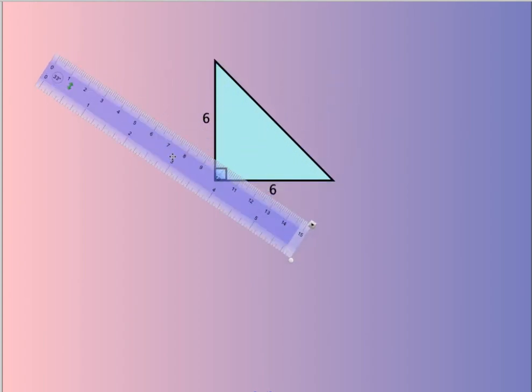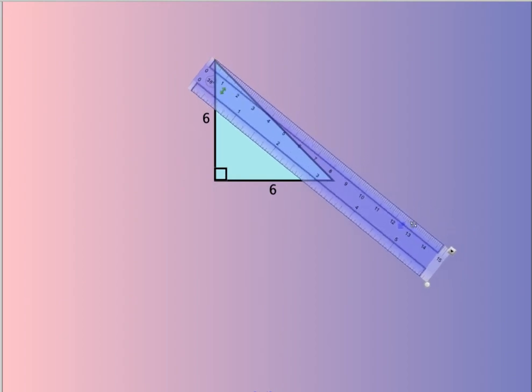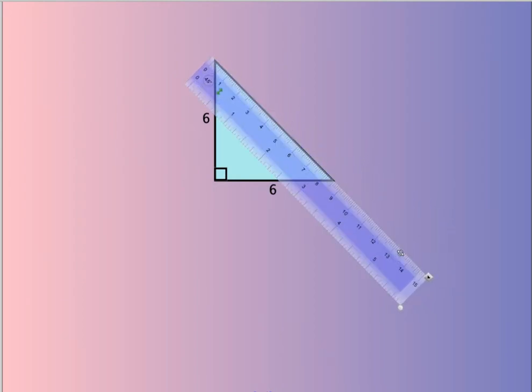I line up my 0, align my measuring line a little bit better, and I can see it's about 8.5, give or take. So 6, 6, and then 8.5, not all the same, only 2. So that makes it a right isosceles triangle.